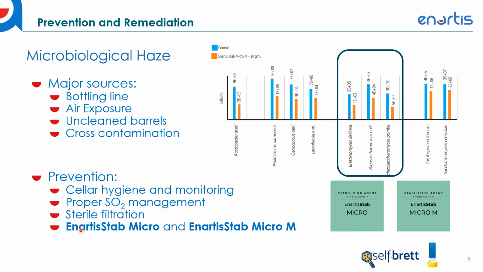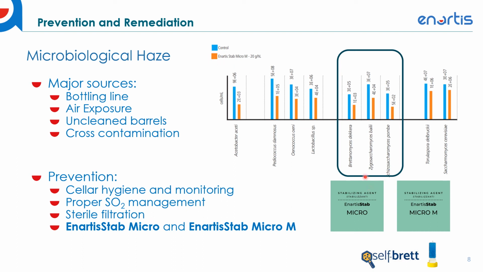Now these are chitosan or preactivated chitosan, which can act as a microbial fining agent. I've highlighted here Brettanomyces, Zygosaccharomyces bailii, and Schizosaccharomyces pombe. This is showing various wine microorganisms, their original control population, and then the population following treatment with Enartis Stab Micro M at 20 grams per hectoliter.